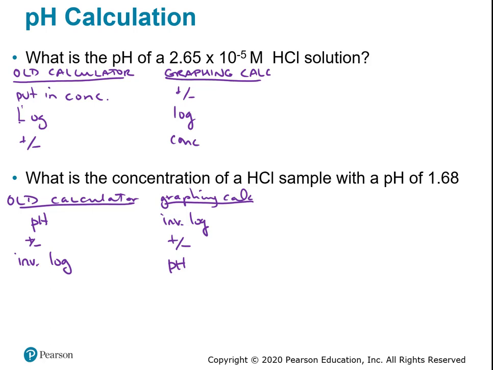In this one, what is the pH of a 2.65 times 10 to the minus 5th molar HCl solution? To do this one, you've got to remember how to put this in your calculator. How do you put 2.65 times 10 to the minus 5th in the calculator?